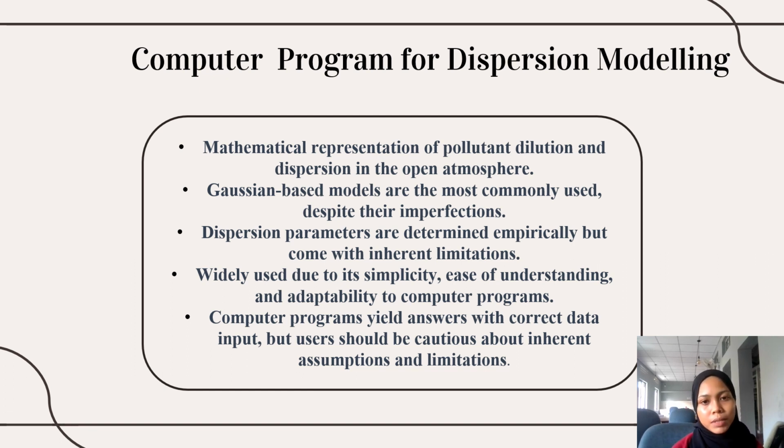The dispersion parameters are determined empirically but come with a few inherent limitations, and the model is widely used due to its simplicity, ease of understanding, and adaptability to computer programs. Computer programs yield correct answers with correct data input, but users should be cautious about the inherent assumptions and limitations of the program.